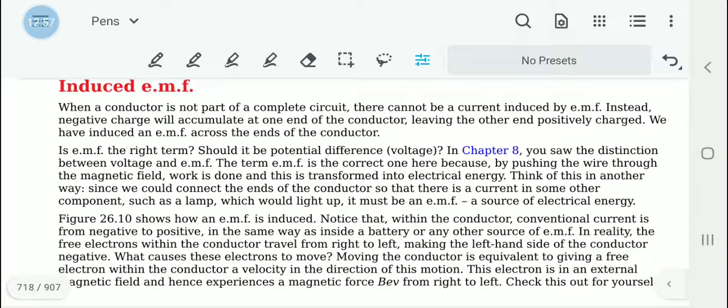Because in effect, this becomes a source of electrical energy, we use the term EMF rather than potential difference.